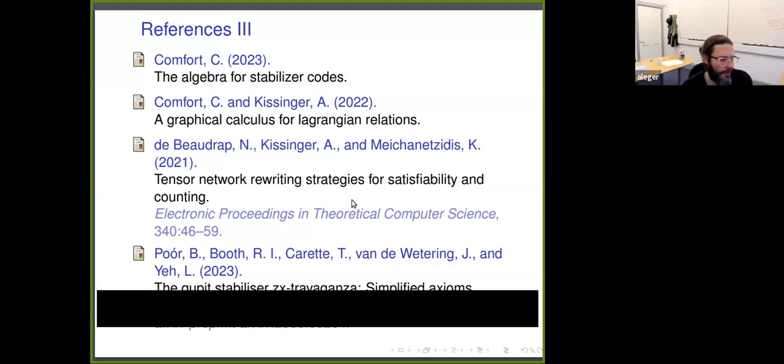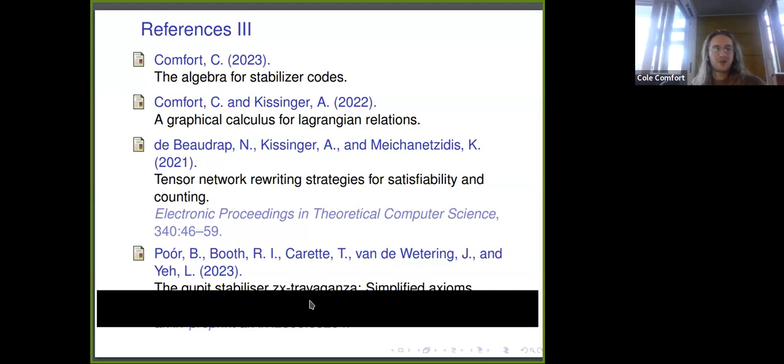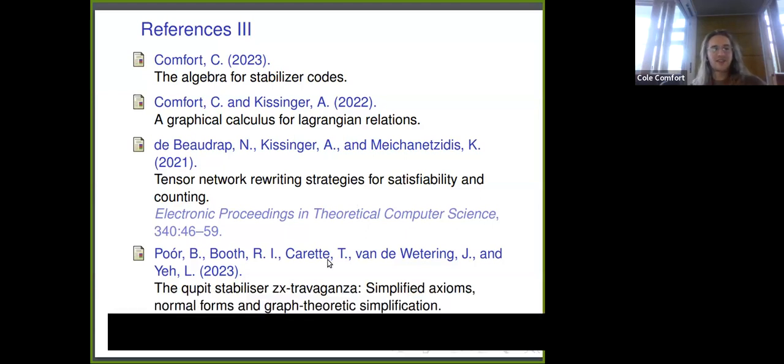So you do it all at the level of these spiders, which are labeled by pairs of field elements. Or another way to think of it is you do the ZX stuff, but with different semantics in mind.